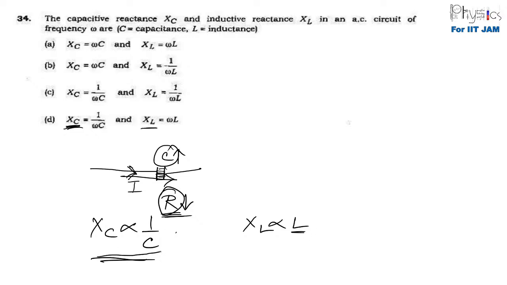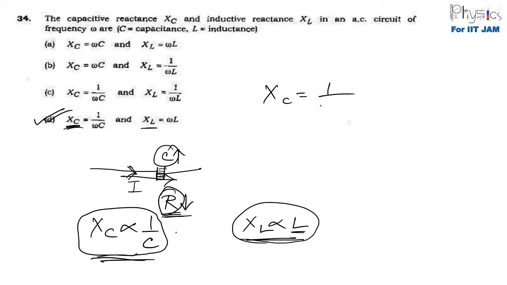If you remember that XC is inversely proportional to capacitance, then you can simply get this, and from there you can answer the correct option as option D, that is XC equal 1 by omega C, or 1 by 2 pi FC, and XL is omega L or 2 pi FL.